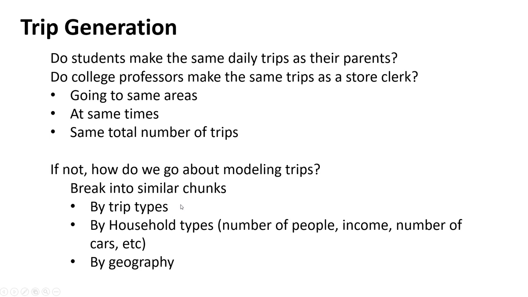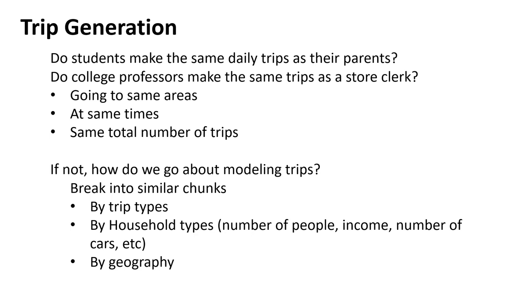Let's not try to look at every trip somebody makes first, but let's just say, what does a standard person's work trip look like? And what time do they leave, and where are they headed, and so forth. So we can break it down by category that way, right? We also can look at it by household types, right? If it's a single person household, the household has one person in it.